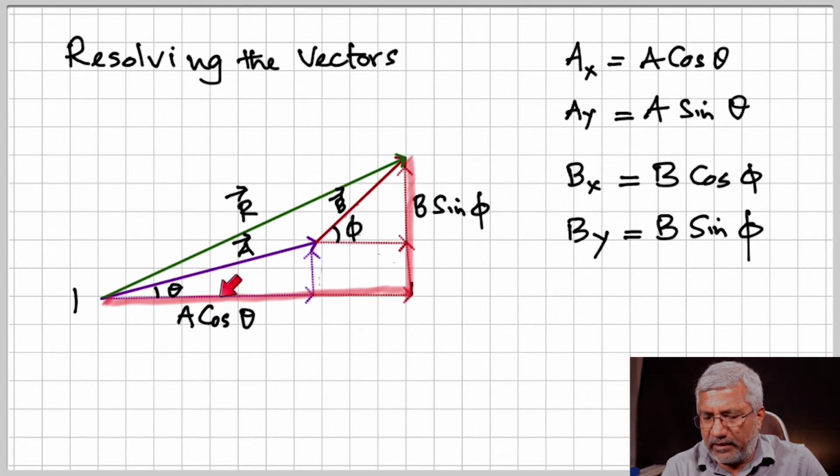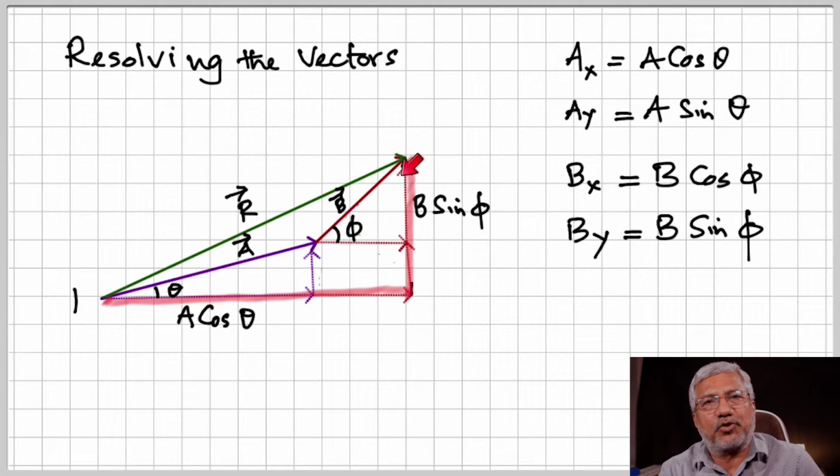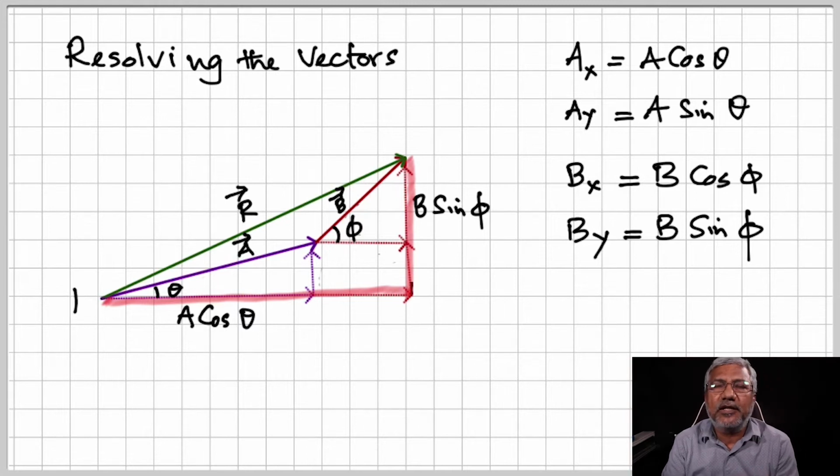So when you add the x components and the y components, you can see that you get a right angle triangle. And then we can use the Pythagorean theorem to find the hypotenuse of the triangle. That is the method that we're going to be using throughout the semester. So get used to it.